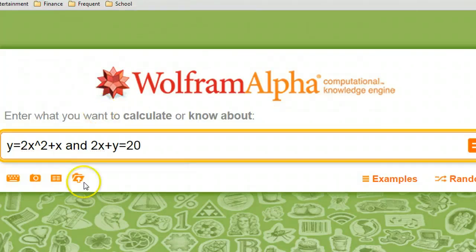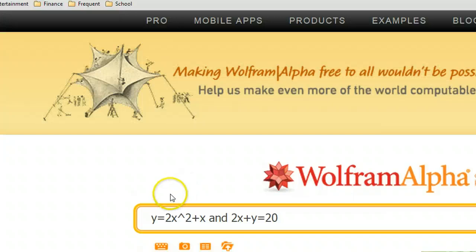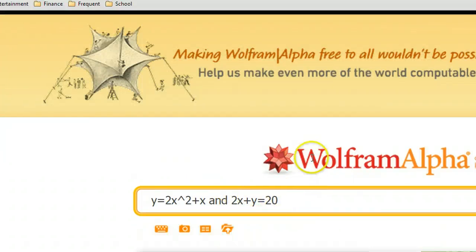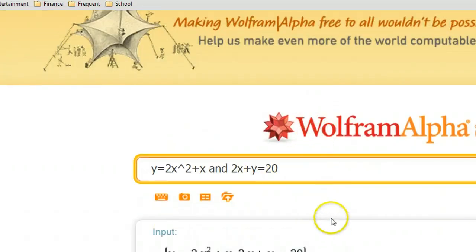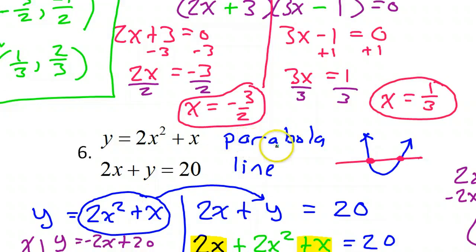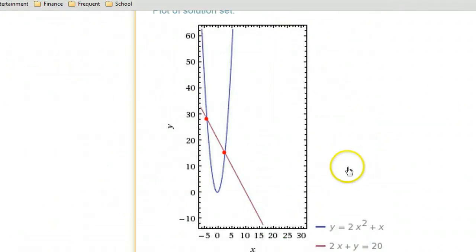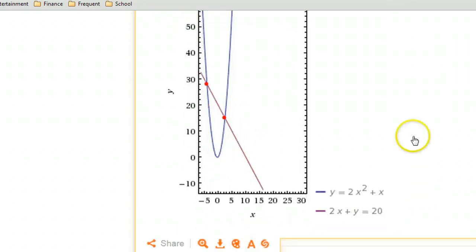Hit enter, and let's see what we've got. Still thinking, freezing up a little bit. Now remember, from the beginning, we knew we had a parabola and a line. Now Wolfram Alpha is coming up with this. Just like we thought, we have our parabola and our line with our 2 intersection points. So it's happening just like we suspected.